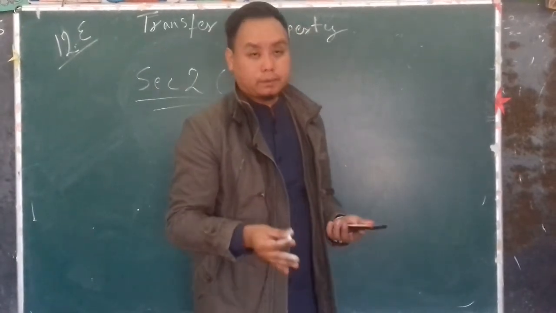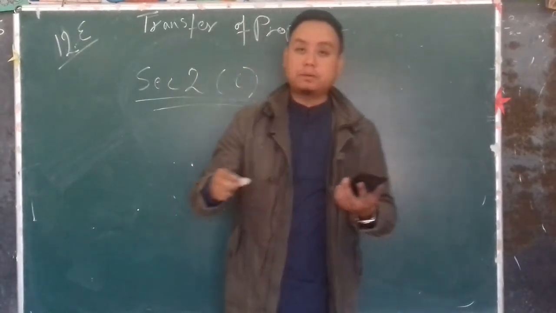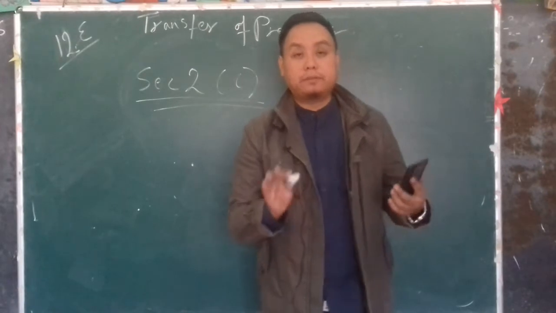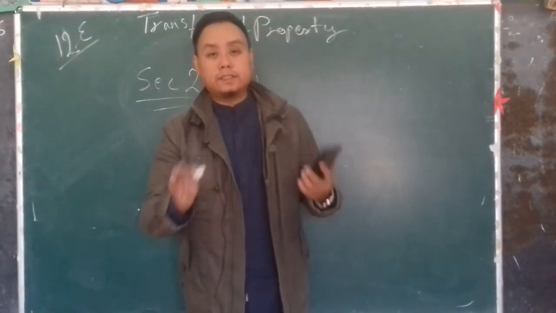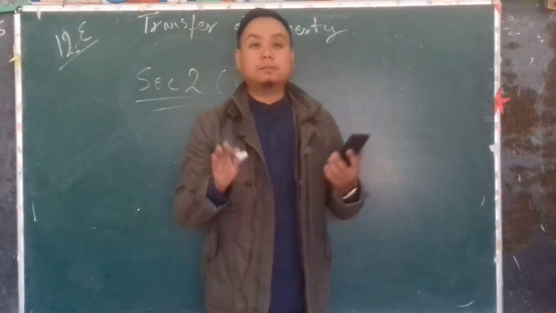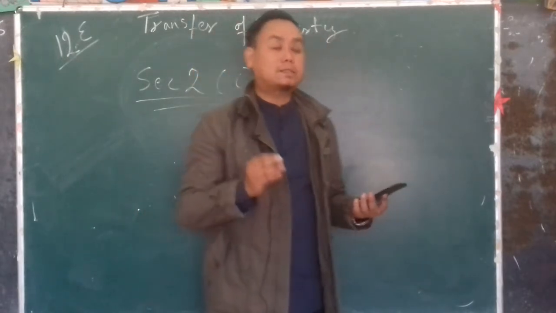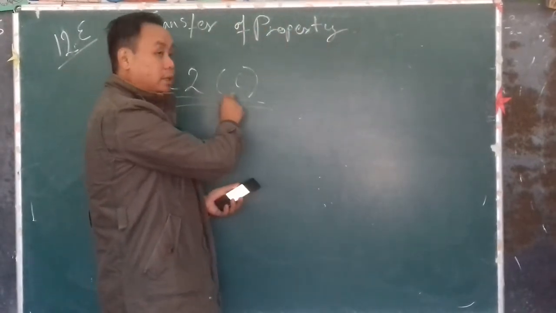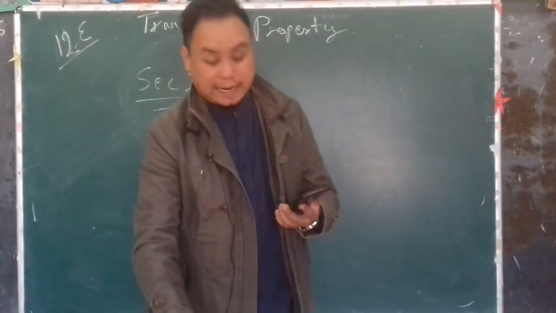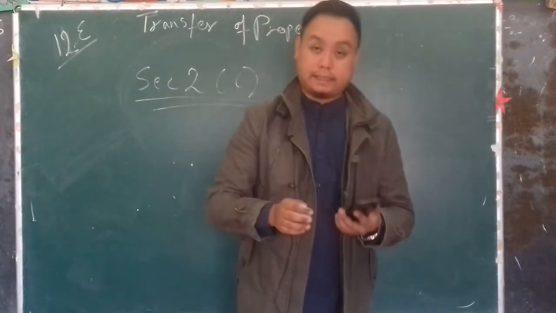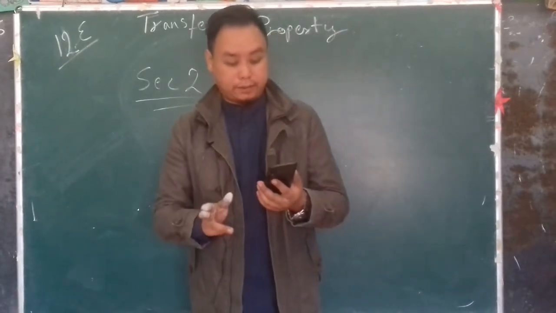So anything which is movable or immovable, tangible, which can be felt and seen, or intangible, which can't be seen, all of this which a man owns is property according to section 2 clause C of the Benami Transaction Act. Alright, so this is the definition.